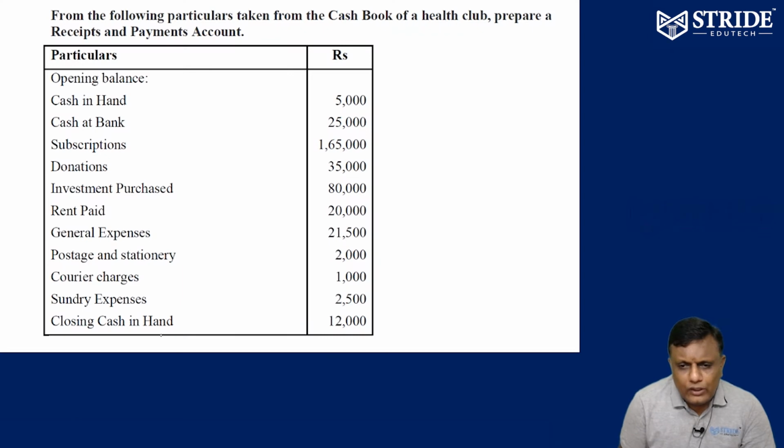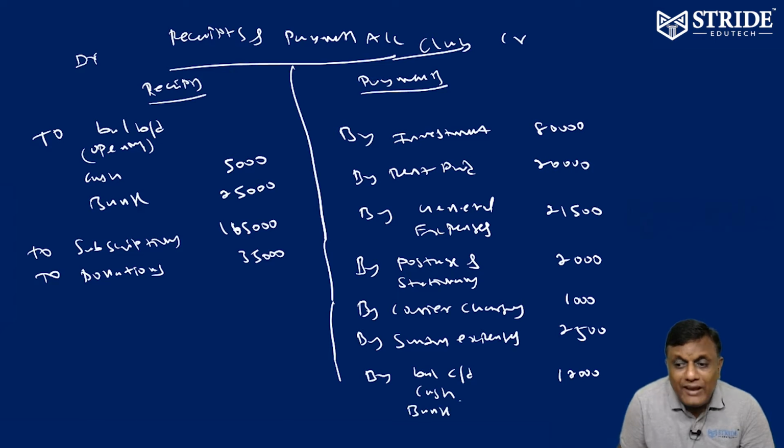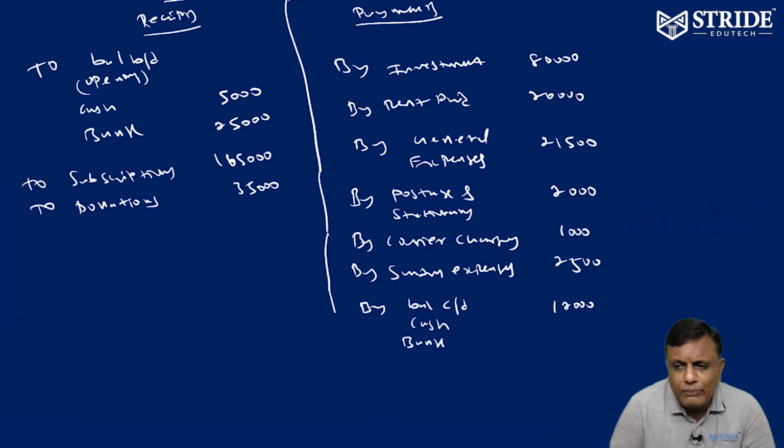Now what is the closing cash? 12,000. Always, to opening cash, to opening bank, and by closing cash. We call it by balance carried down. So closing cash 12,000. Closing bank may be missing; it may be the balancing figure.